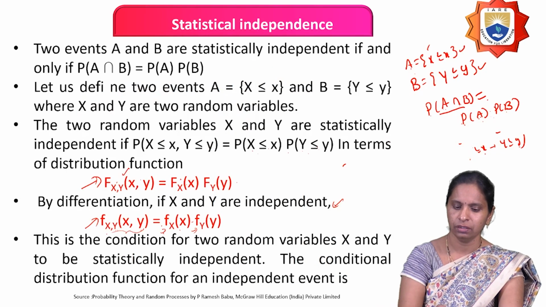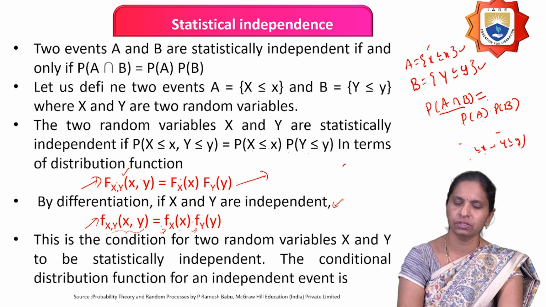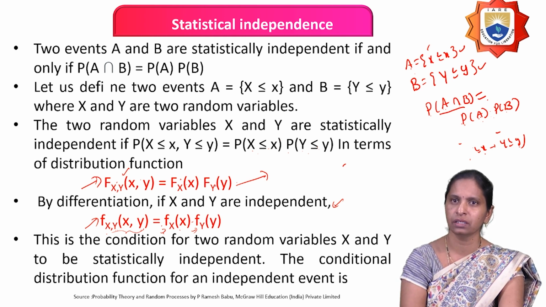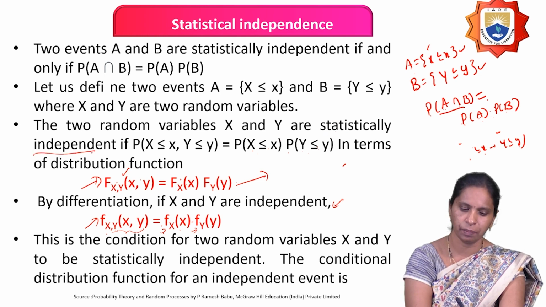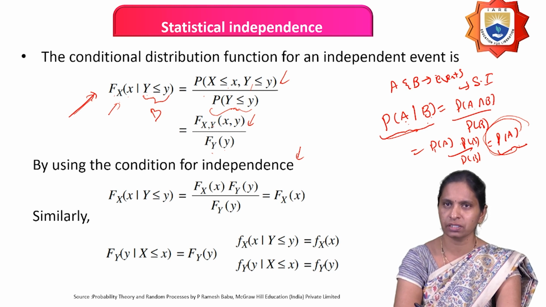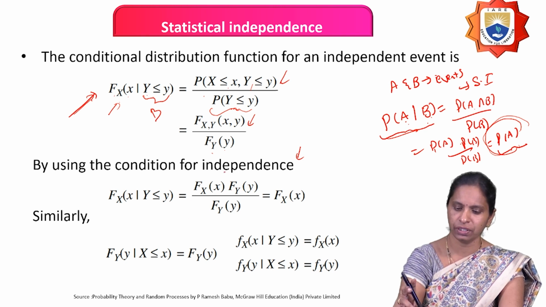We have seen that if x and y are independent, then the joint distribution function is equal to the product of the marginal distribution functions of the random variable x and the random variable y. Therefore, for independent random variables, Fxy of x comma y is equal to Fx of x into Fy of y, by Fy of y.